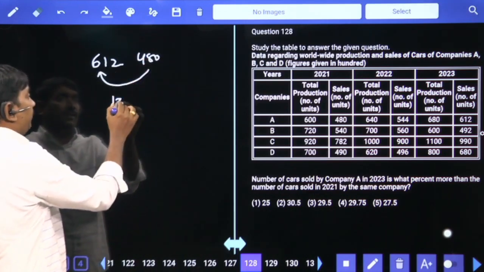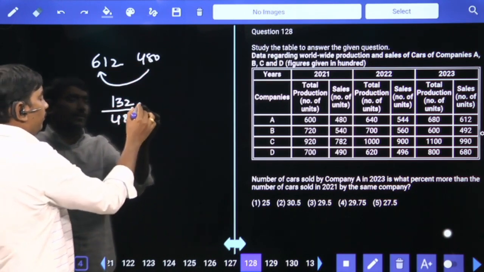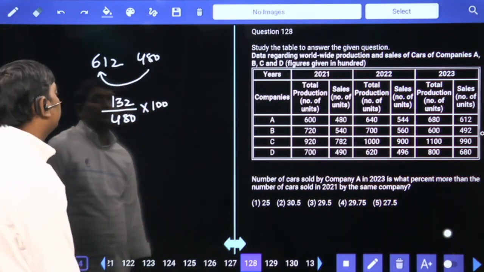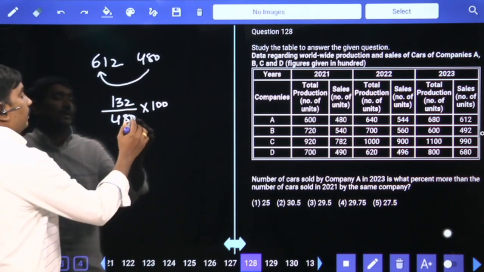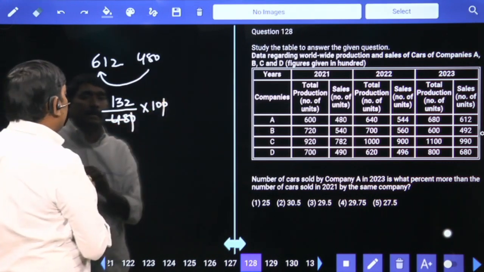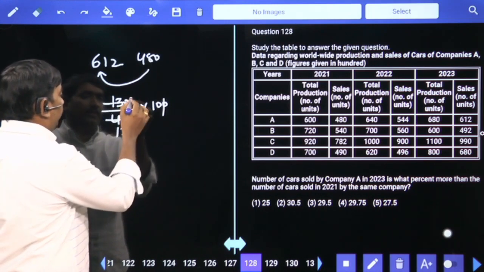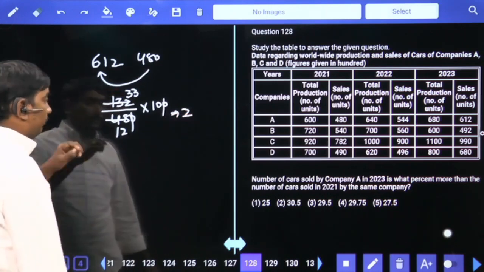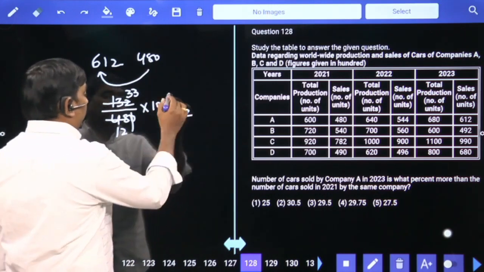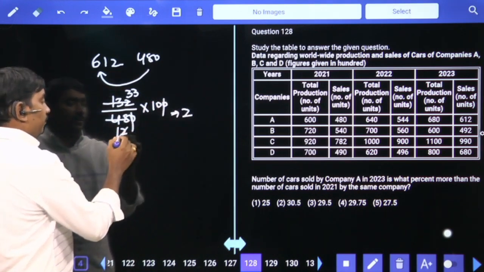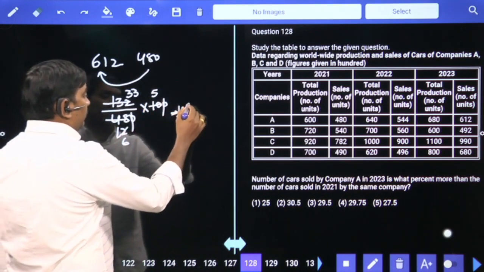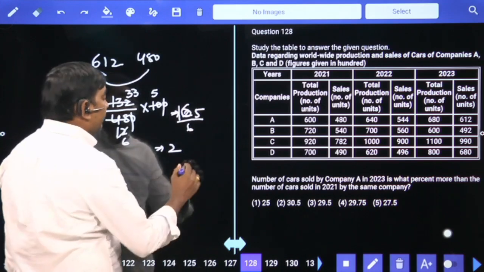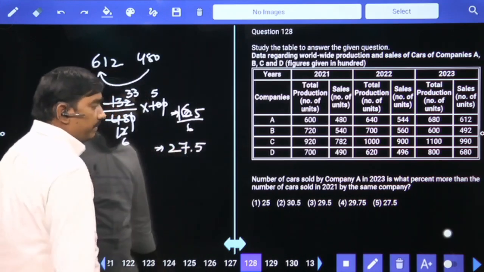So difference is 132 by less value 480 into 100. 4 12s are 48, 4 3s are 12. So 330 by 12, cancelling, 165 by 6. 6 2s are 12, 45, 6 7s are 42, 6 5s are 30, so 27.5%.